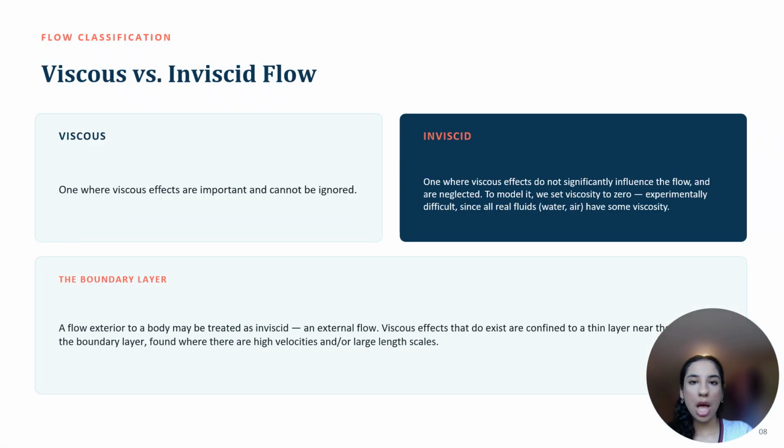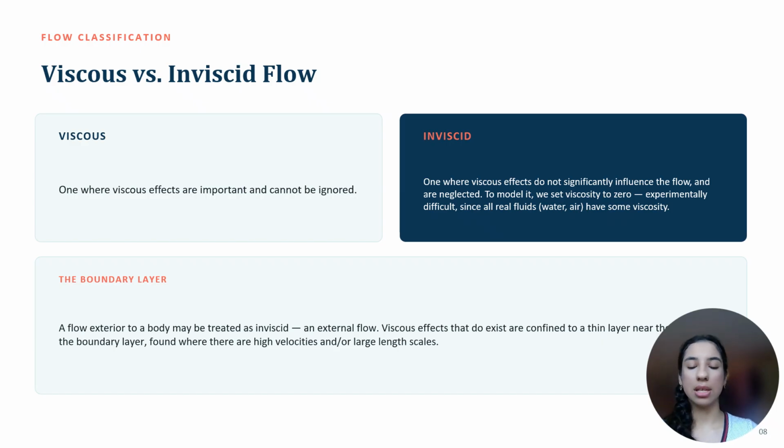So, viscous versus inviscid flow. Viscous flow is where the viscous effect is important and you can never ignore it; how the fluid flows, you cannot ignore as an assumption for some of these fluids.